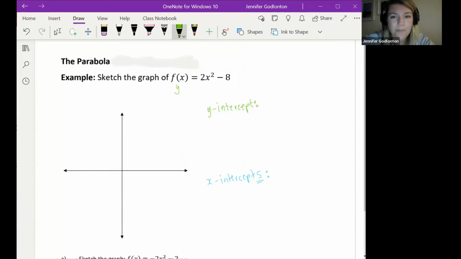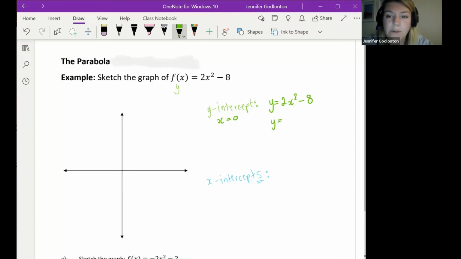When we're looking for our y-intercept, x is equal to 0 every time. So we're going to make x equal to 0 in this equation. I've got y is equal to 2x squared minus 8, and I now want to make x equal to 0.